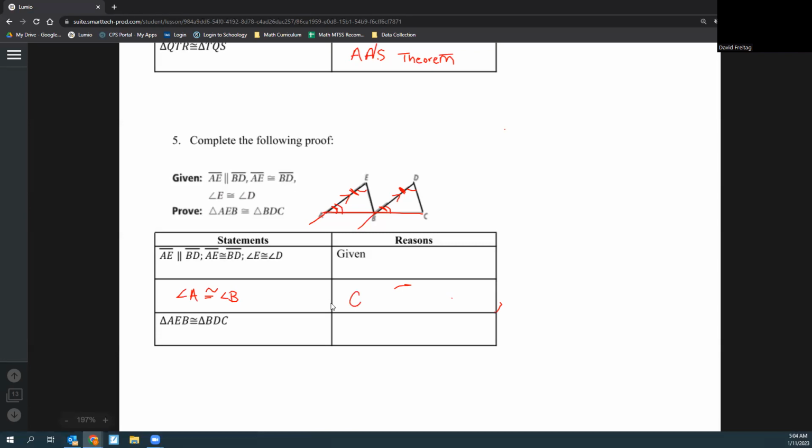So it's the corresponding angles theorem. Now I have an angle, I have a side, and I have an angle. So I can state that the triangles are the same by the angle, side, angle theorem.